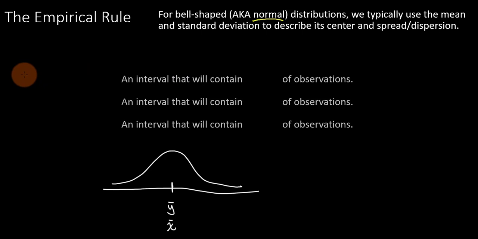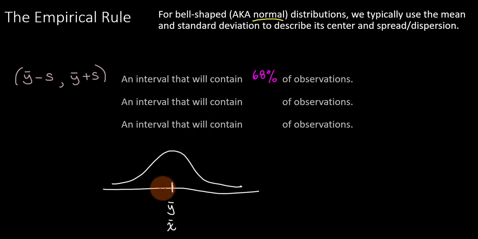For instance, if you take the mean minus a standard deviation, and then the mean plus a standard deviation, this is an interval, and it would contain approximately 68% of observations.